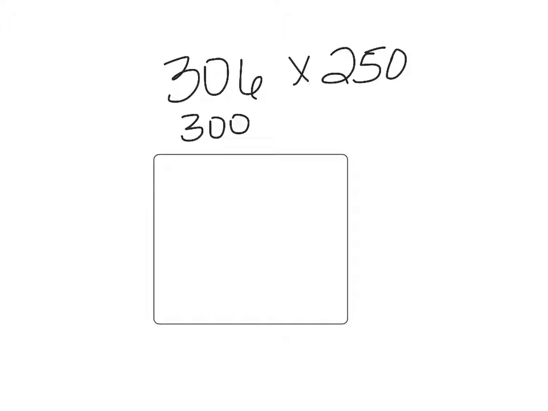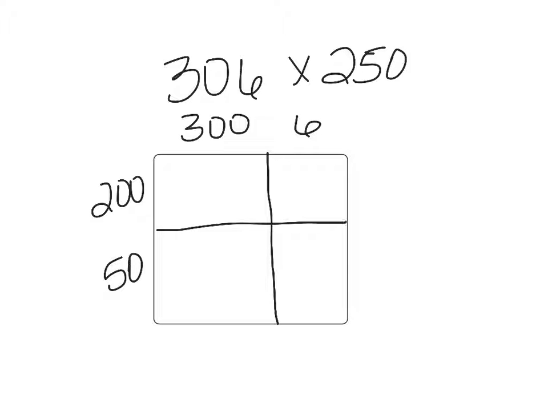We don't have any 10s, but we have 6 ones. So I'm going to have 2 columns, and on my second multiplier I have 250. So I have 200 and I have 50, but I don't have any ones. So I have 2 by 2.